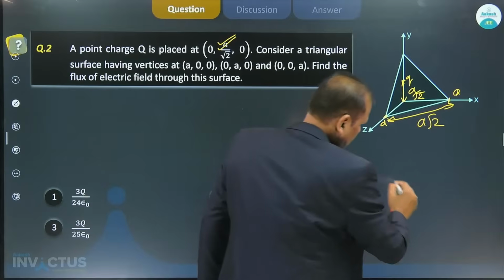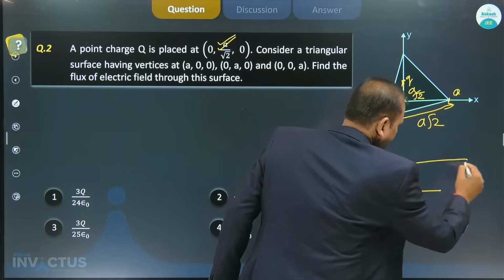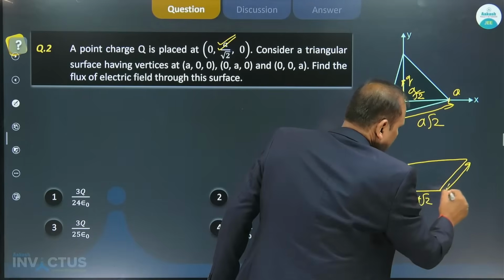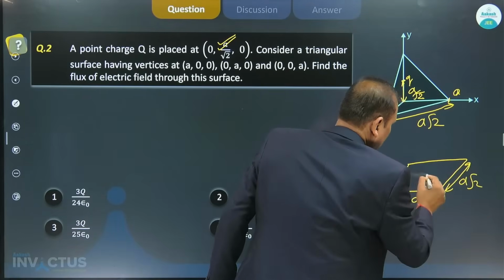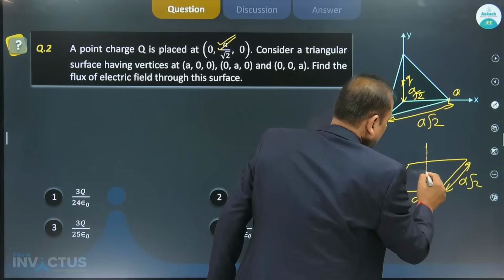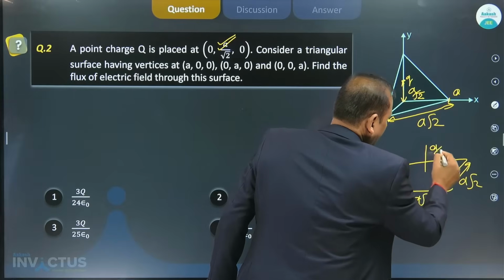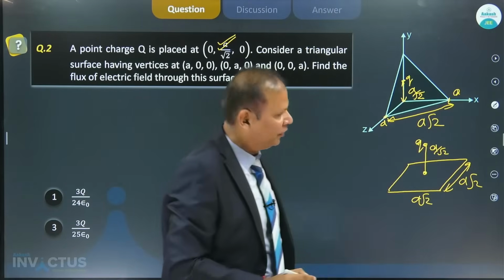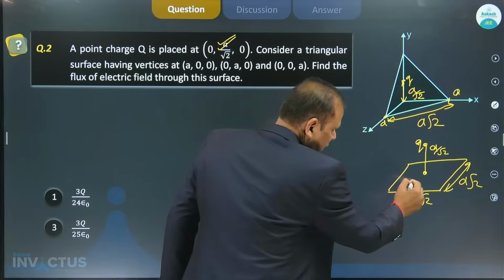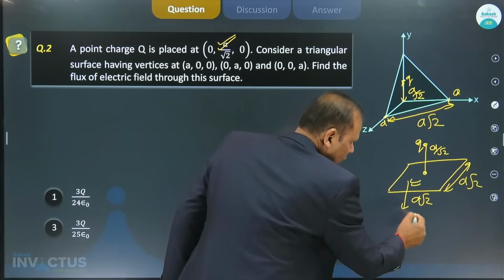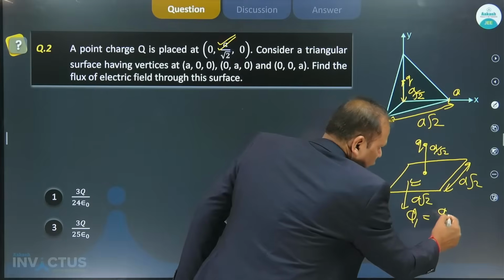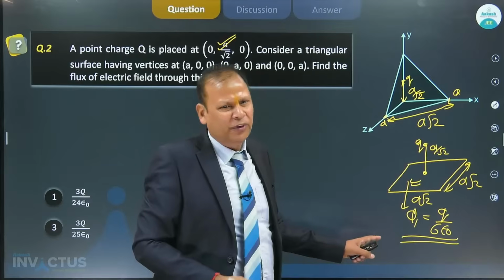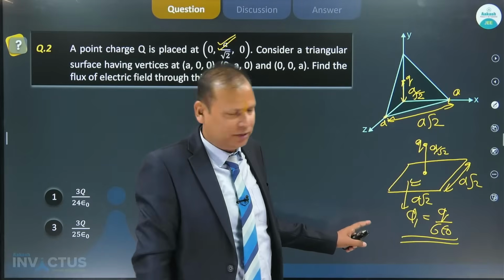What we know, my dear students, if this is a root 2, and a by root 2, from the center at a by root 2 the charge is there, then the flux through this surface, phi 1, will be equal to q by 6 epsilon naught. This thing we all know from symmetry.